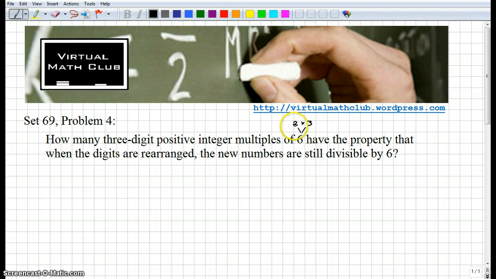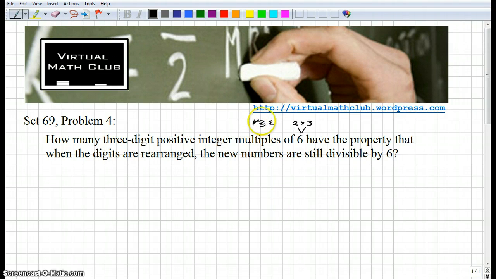The only thing is that if we want it to also be divisible by 2, then essentially all the digits have to be even, because if we have a number like 1, 3, 2, that's divisible by 3, and it's divisible by 6. But if we rearrange those digits, if we put 1 in the units place or 3 in the units place, then it's no longer going to be divisible by 6, right?